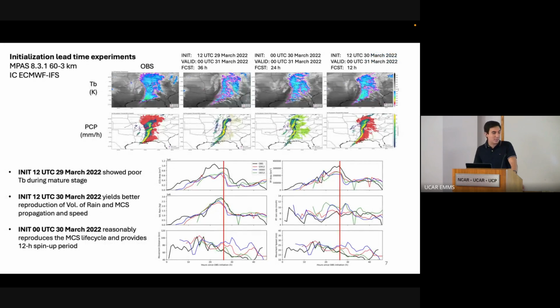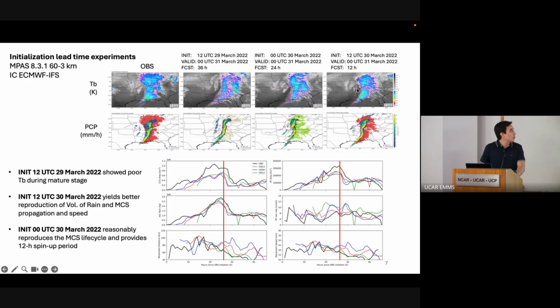All right, so starting with some results, here we have the initialization lead time experiments, starting at 12 UTC on March 29, starting at 0 UTC on March 30th, and starting at 12 UTC on March 30th. As you can see here, the storm is very impacted by the initialization lead time.